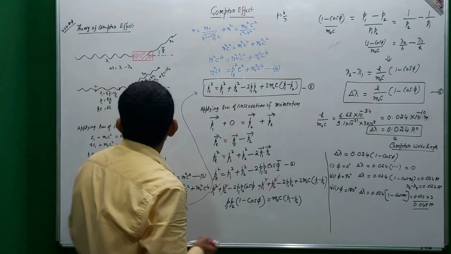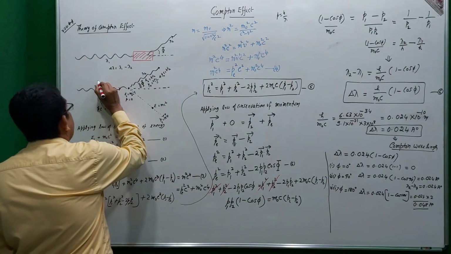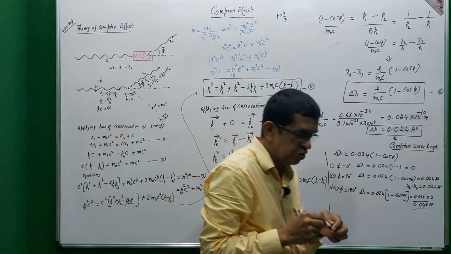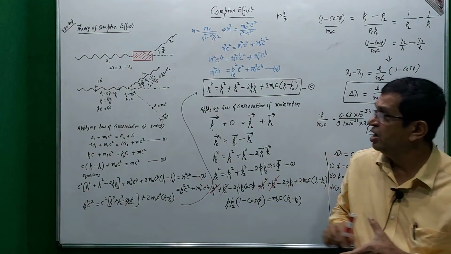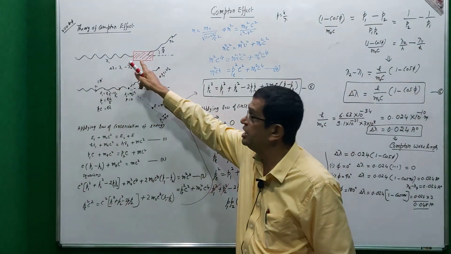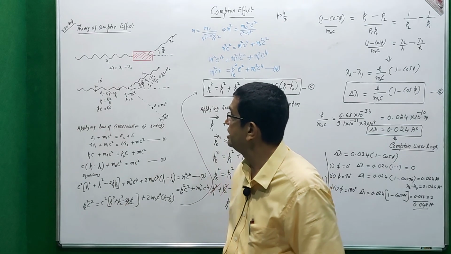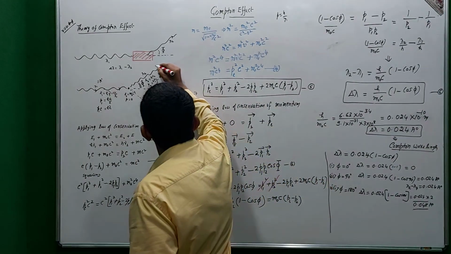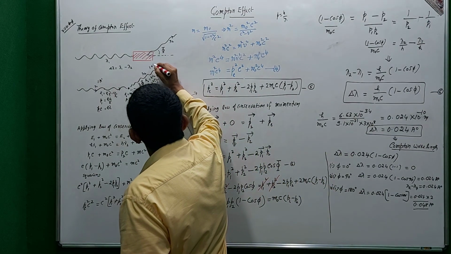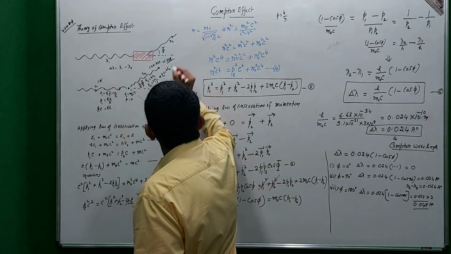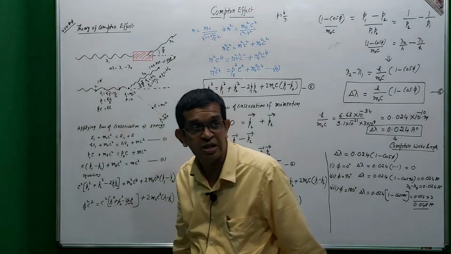That means, let us assume an X-ray beam of wavelength 1 angstrom incident on a graphite block. Now, what is the maximum change in the wavelength? Lambda 2 is 1 plus 0.048, which becomes 1.048 angstrom.